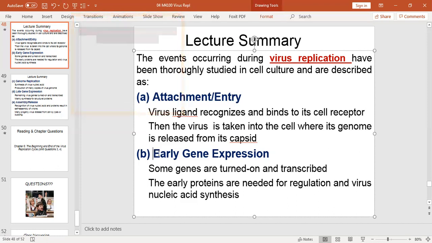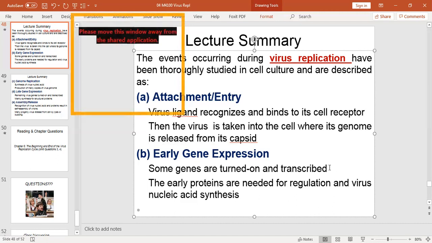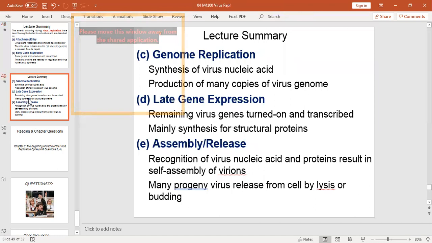Then we have early gene expression, where some viral genes are turned on and transcribed as a result of production of early messenger RNA. These early proteins are needed for regulation and viral nucleic acid synthesis. So these are regulatory proteins and enzymes. Then we have genome replication, which is the synthesis of viral nucleic acid and the production of many, many copies of the viral genome.